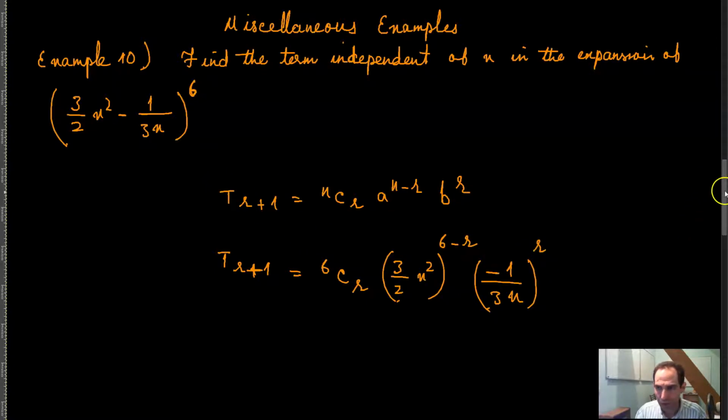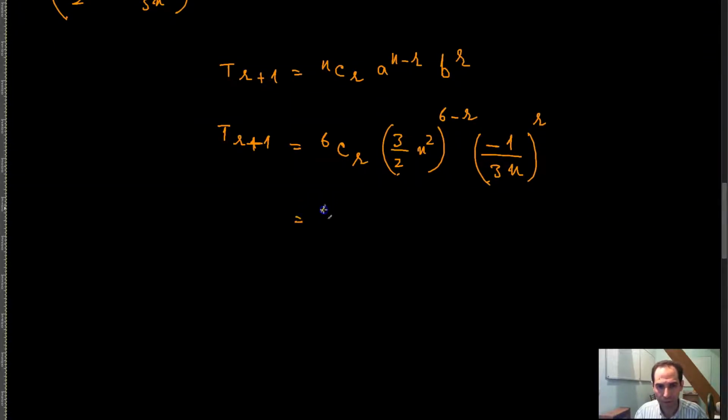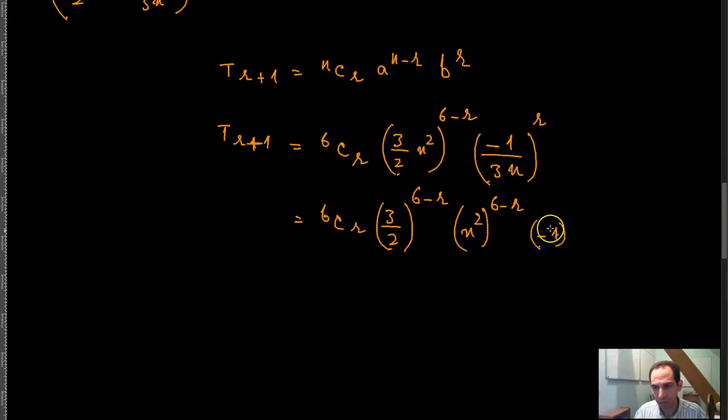You can write this as 6Cr, (3/2) raised to the power 6 minus r times (x²) raised to the power 6 minus r, (−1) raised to the power r, (1/3) raised to the power r, and (1/x) raised to the power r, right?